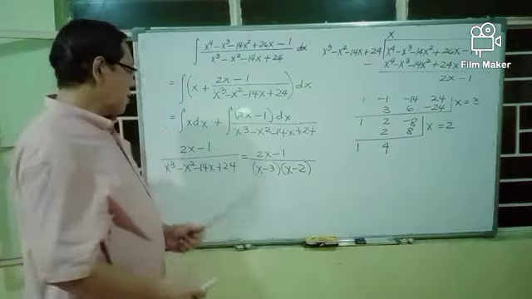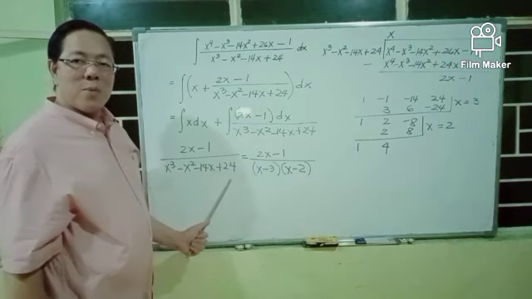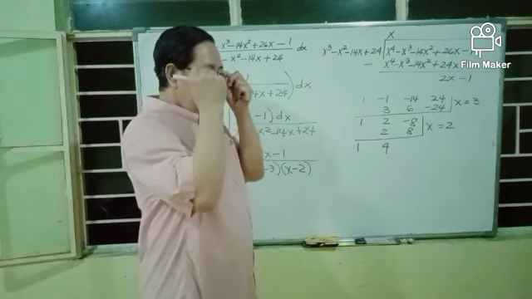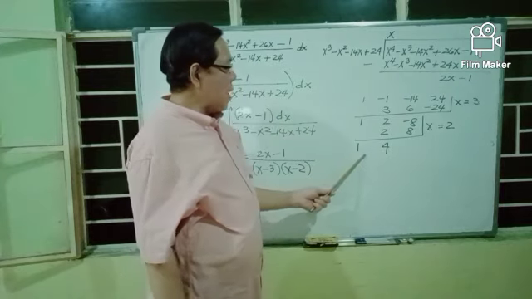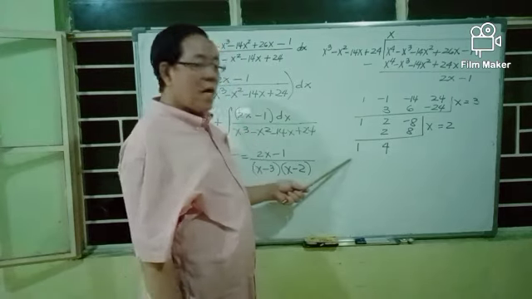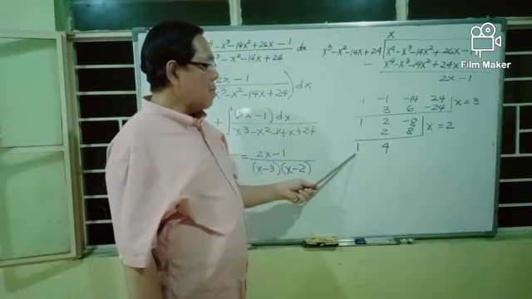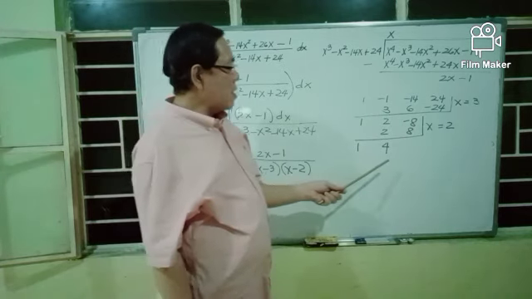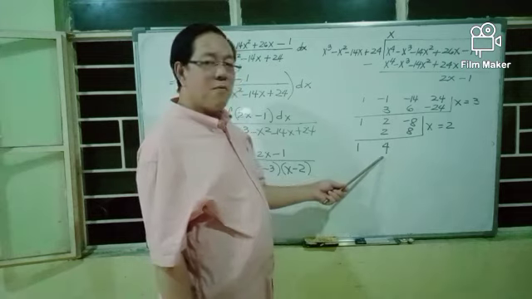X minus 2 is a factor of this cubic expression. Now, if you have only 2 numbers left in the last line, and the first number is 1, that means the third root is 4.